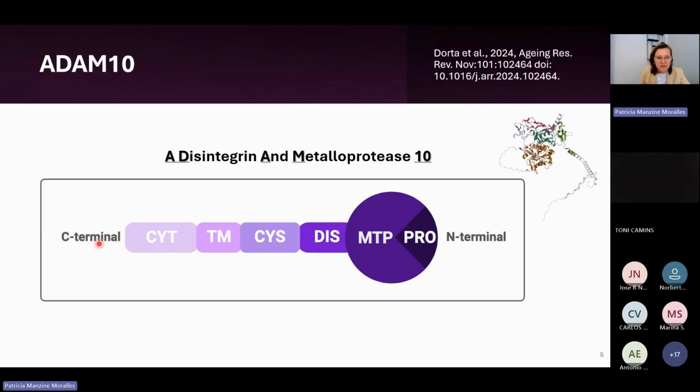This is a 3D and a simple schematic of the full ADAM10, so we can observe that it's formed by different multi-domains, which I would like to highlight the metalloproteinase, that is responsible for its secretase activity. It has a C-terminal and an N-terminal, and also a prodomain that, when present, inhibits its activity.